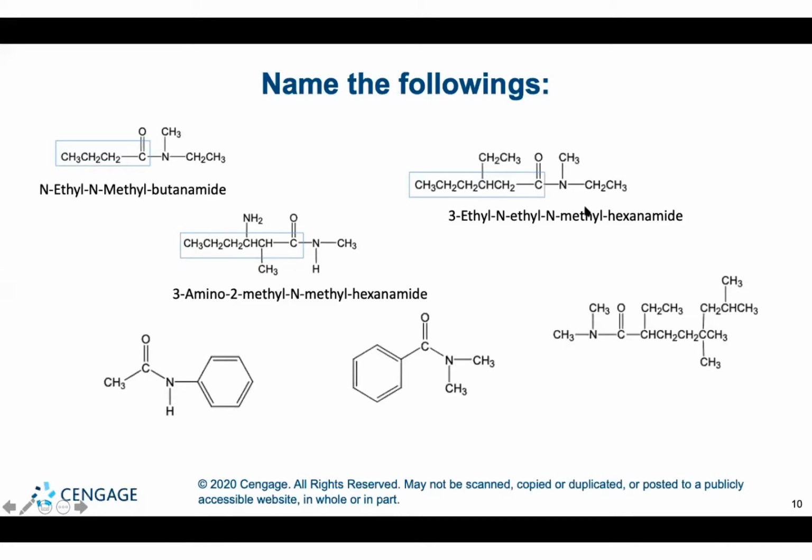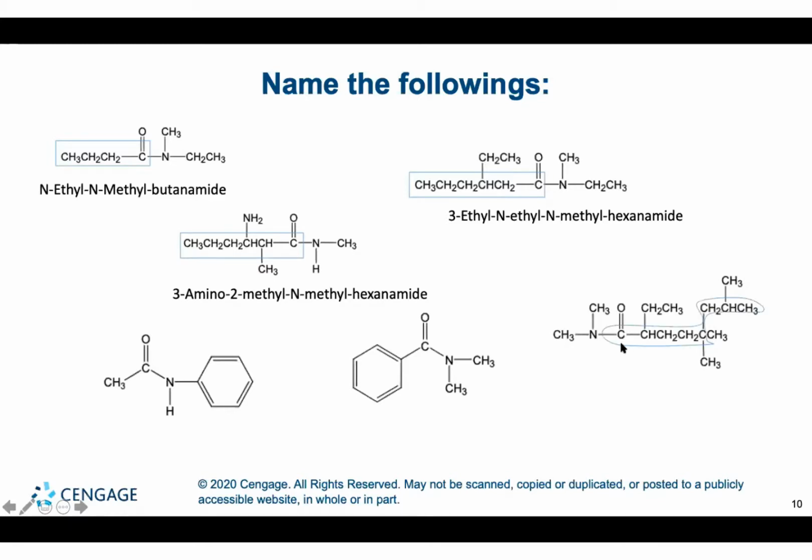Pay attention, guys. This is not an amine, right? In the amine functional group, there is no carbonyl group. It's only nitrogen in the amine functional group. This one is an amide. An amide has a carbonyl group with nitrogen directly attached to it.